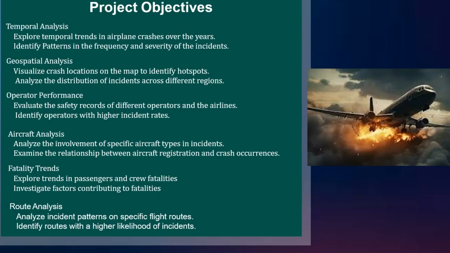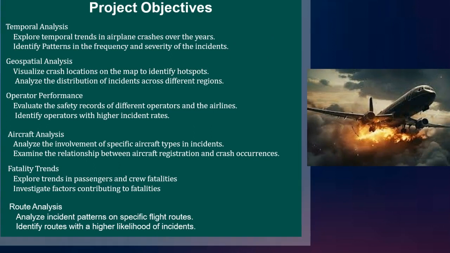The project objectives, as we can see on the screen. The very first was the temporal analysis, then geospatial analysis, then the operator performance to evaluate the safety records of the different operators and airlines and identify the operators with higher incident rates.